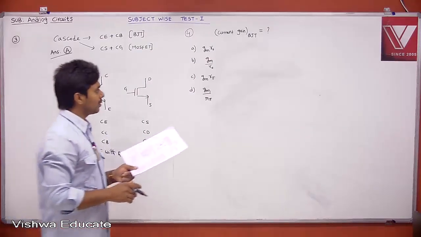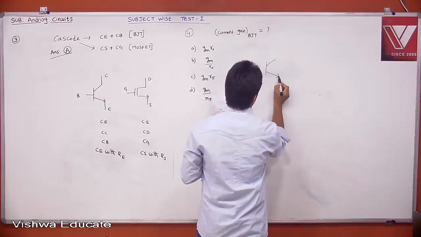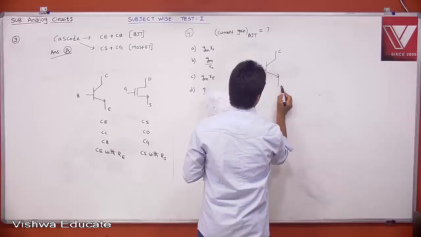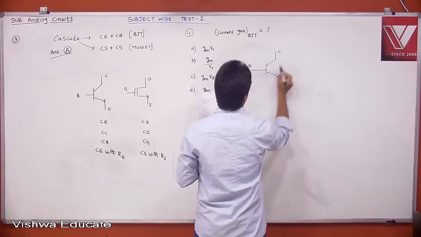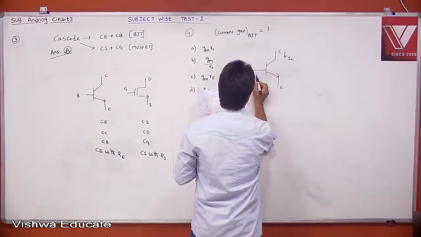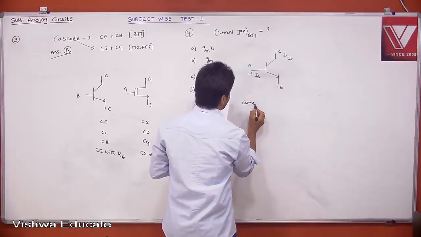Okay, that is fine. Now, if you take your BJT, this is your collector, emitter, base. Let me say capital IC, and this is capital IB. But current gain is defined as what? Not DC current gain, AC current gain.